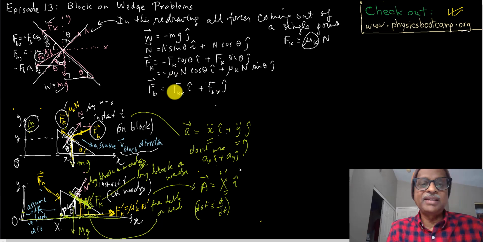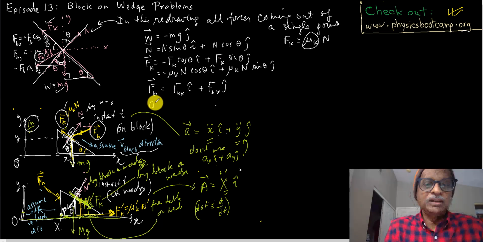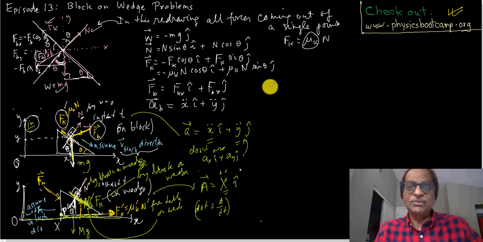But in calculation, I just write it like that. Now we wrote all of this down. All I have to do is the acceleration for the block: x double dot I hat plus y double dot j hat, and you can just write down.